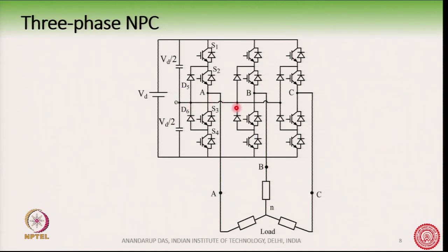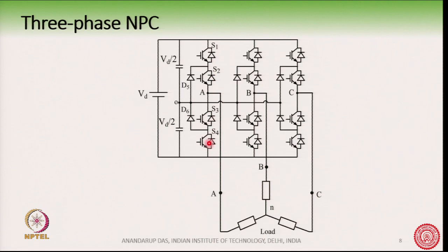It is also connected here for the B phase, and here for the C phase. So, the midpoint of the DC bus is physically accessible and it is used in a neutral point clamp converter.